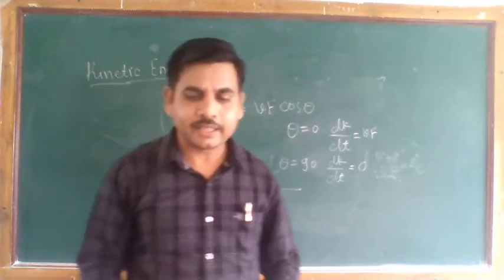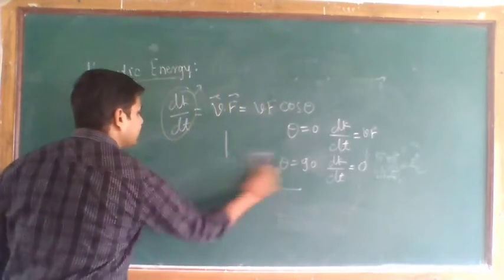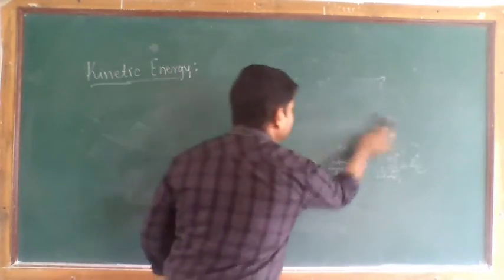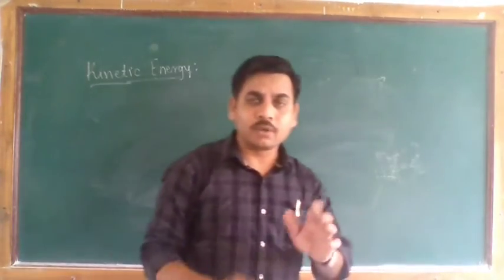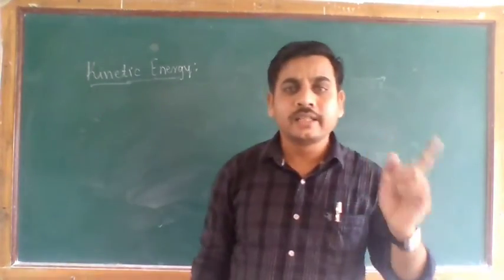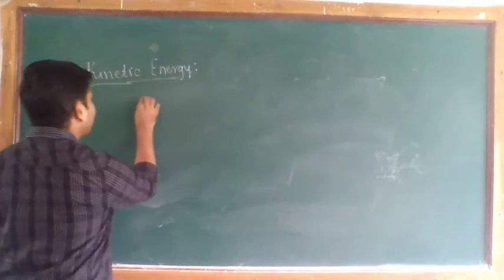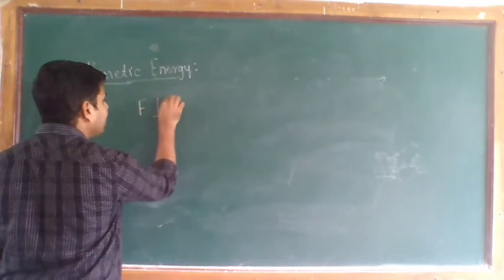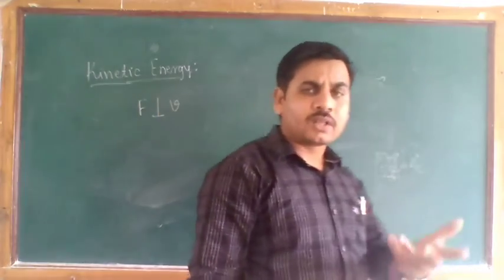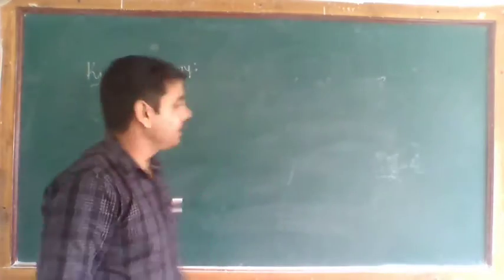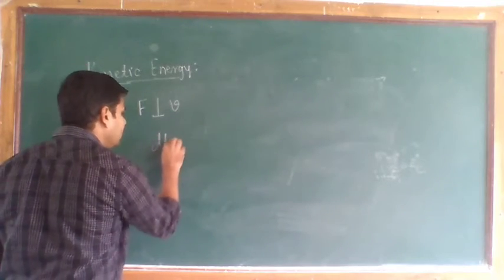Or we can say it in the form of work done, when F and P are perpendicular to each other for all the time. Then we are defining the work done.